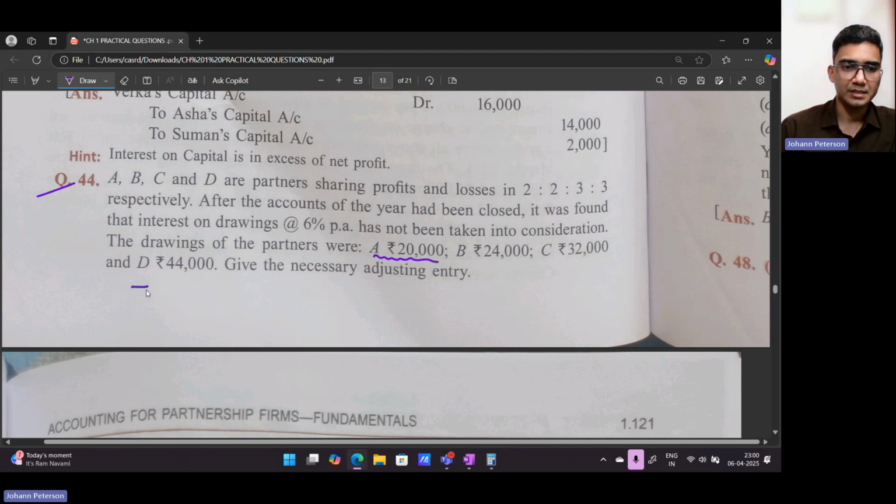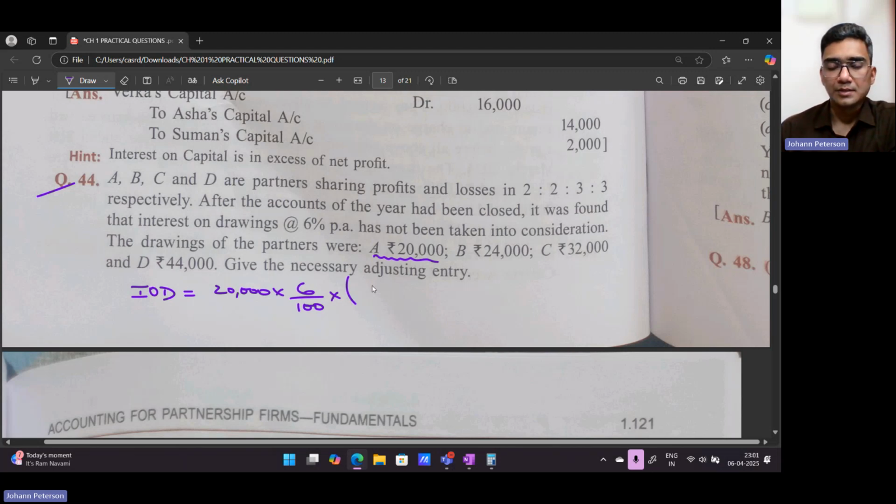So as we have studied interest on drawings, we write the total drawings, which is 20,000, into the rate, which is 6 upon 100, into the average period. Now, what is our average period? Whenever it has not been given, what do we assume?